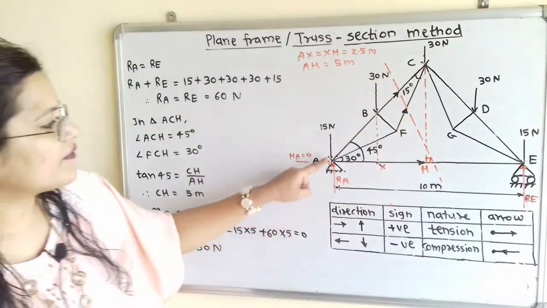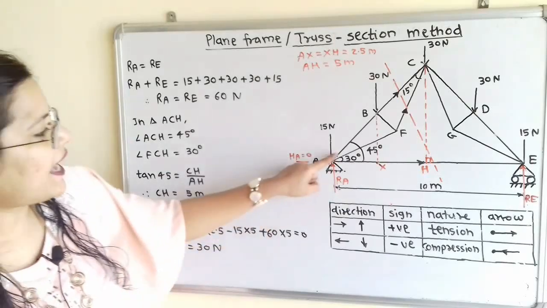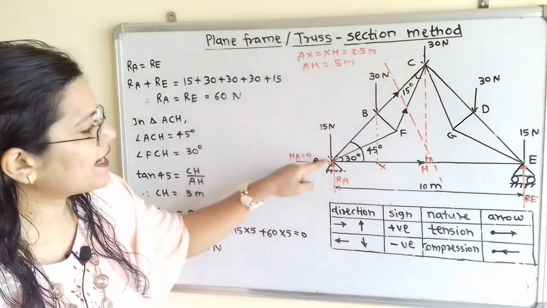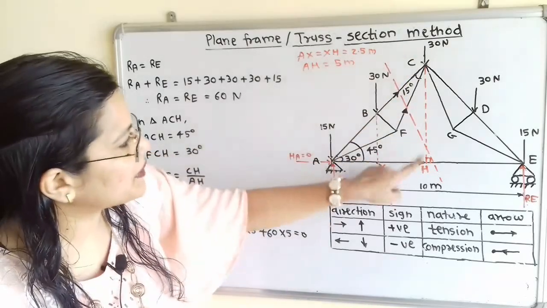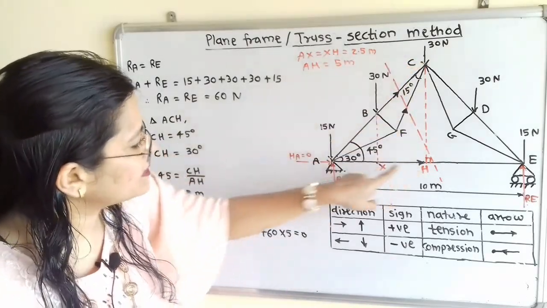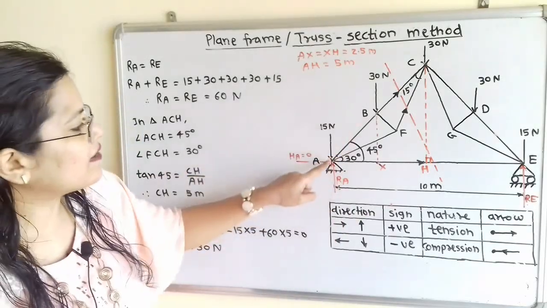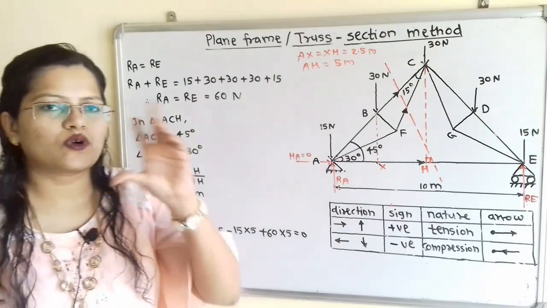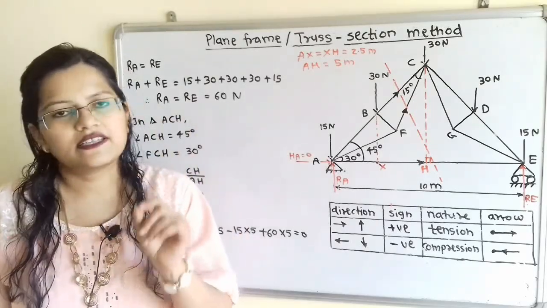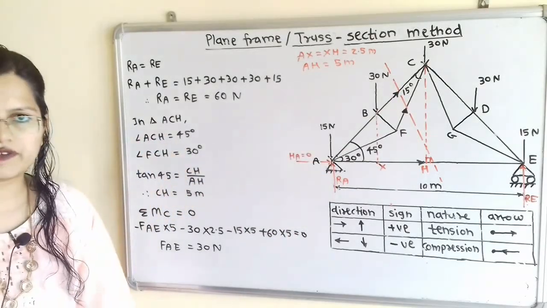Here the angle CAH is given as 45 degree. Then this is a perpendicular line, so angle CHA is equal to 90 degree. So the remaining angle ACH is equal to 45 degree, because the total angle of a triangle is 180 degree.